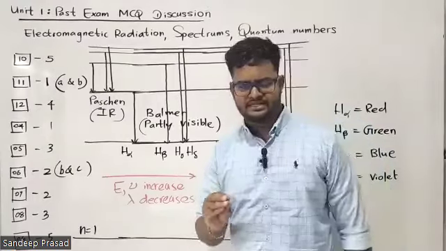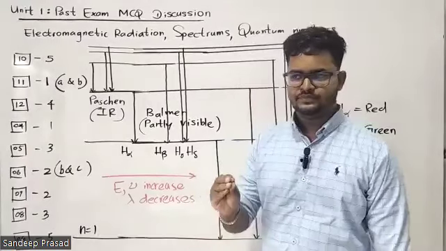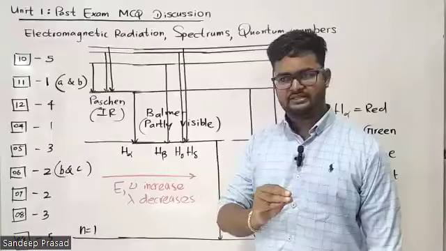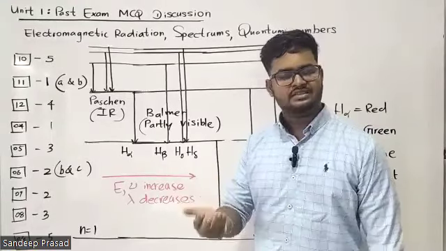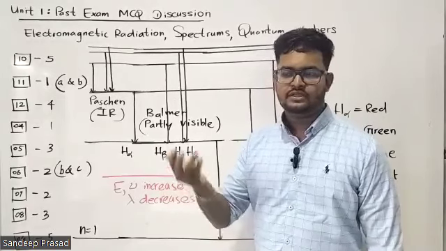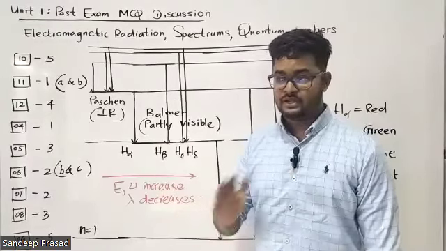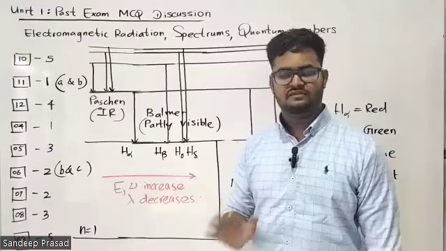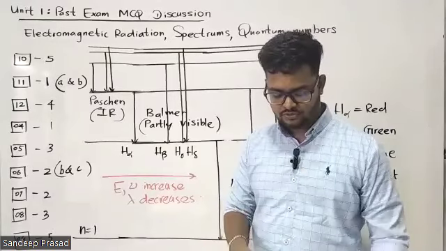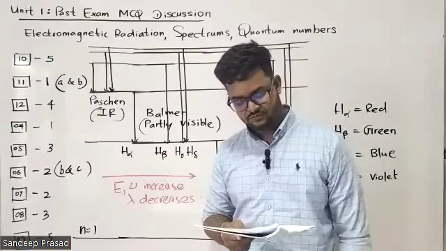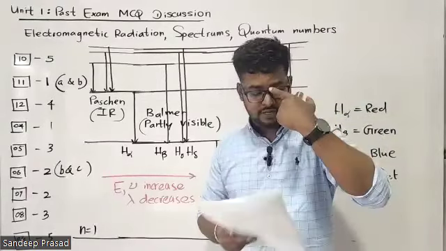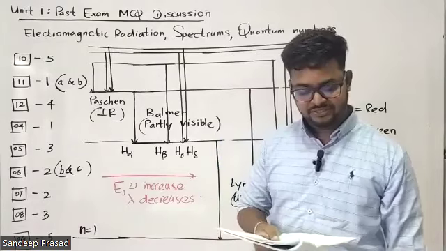Remember students, gamma rays are a type of electromagnetic radiation, so they can travel with the speed of light, but alpha and beta particles cannot. So that statement is wrong. I think that should be the answer for this one.